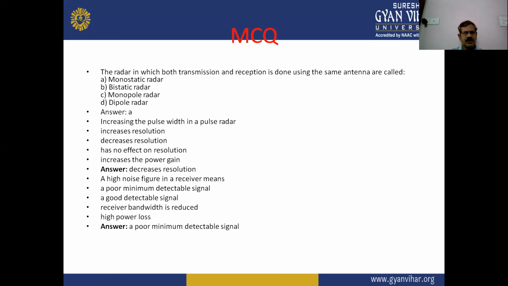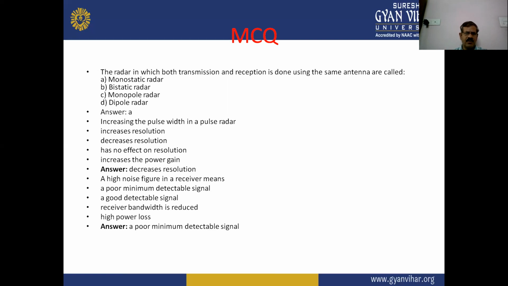In the next question: a high noise figure in a receiver means? A, a poor minimum detectable signal; B, a good detectable signal; C, receiver bandwidth is reduced; D, high power loss.